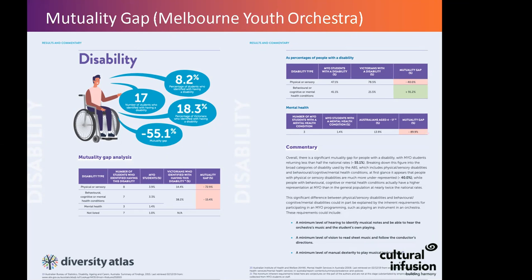There's probably a whole range of different reasons for this, but there was an underrepresentation of 55.1%. So this was a big underrepresentation, and of course there could be a range of reasons for this when it comes to music and students participating in music.